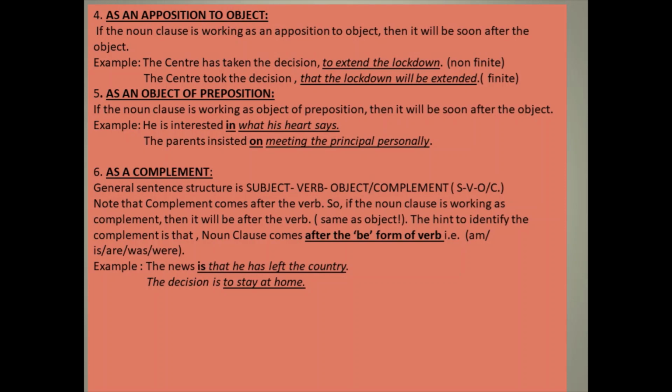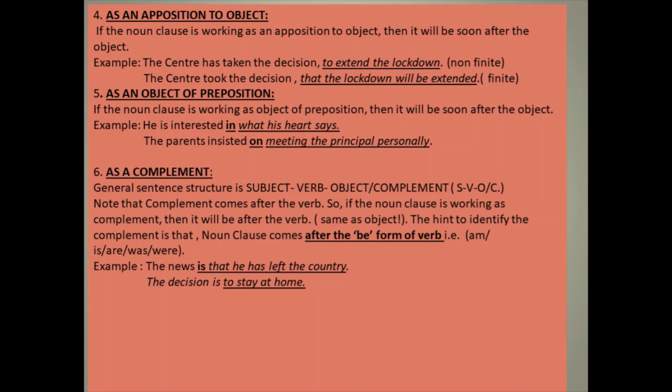Now, remember when you're talking about subject, when you're talking about object, you should know the sentence structure, SVO. S followed by V followed by O. So object would be after the verb.